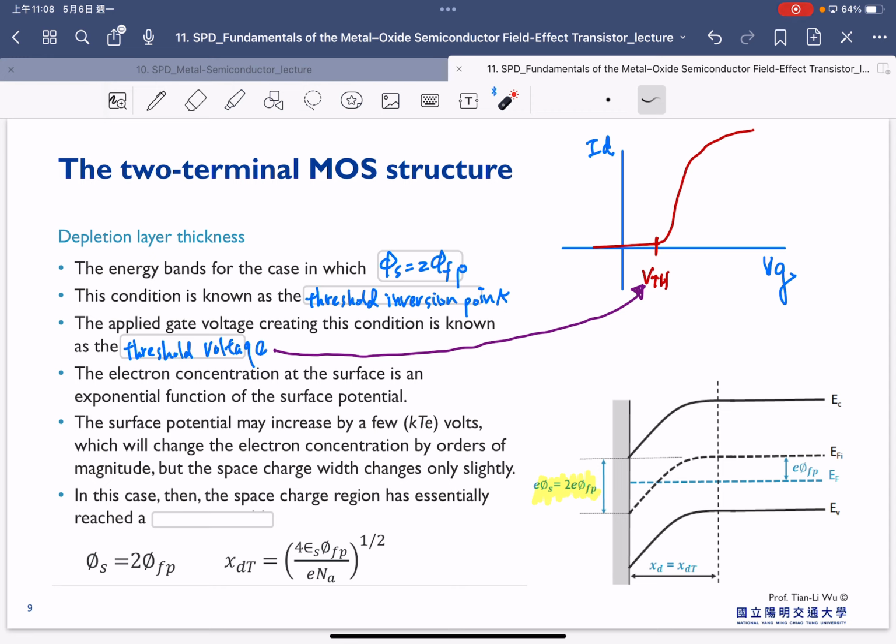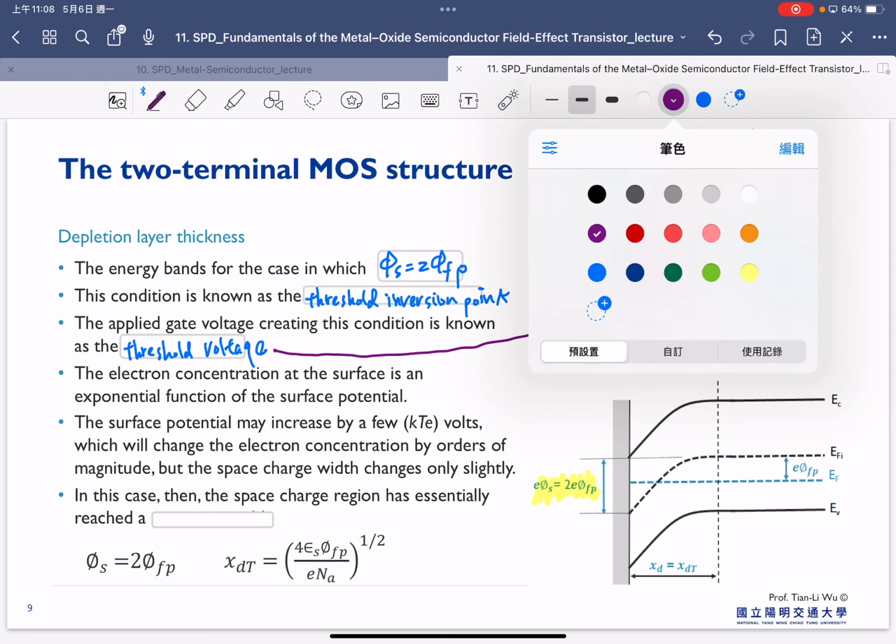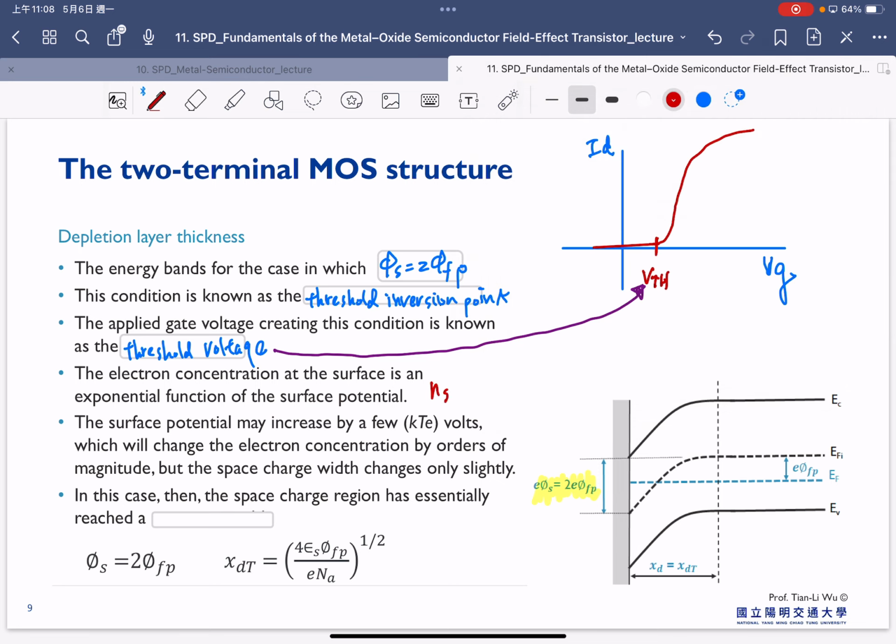So the electron concentration at the surface is an exponential function of the surface potential. The surface potential might increase by a few volts here, but it will change the electron concentration by orders of magnitude.